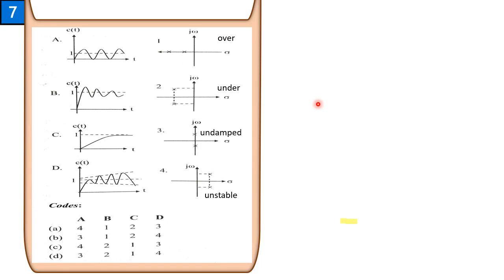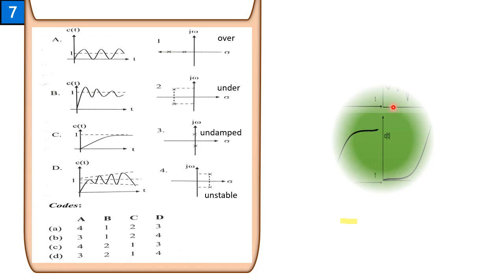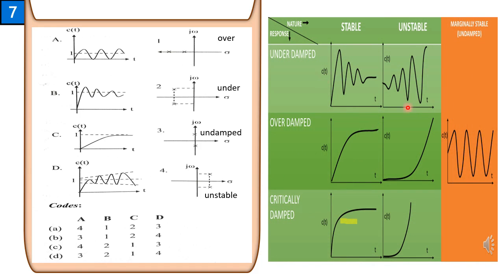let's remember another slide which I told you in the form of a table. The underdamped response is given as this. So we have this response which is an exponentially decaying type response, matched with this which is the location of poles for the underdamped response.